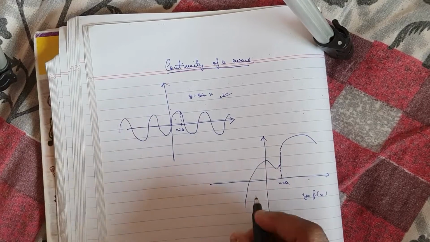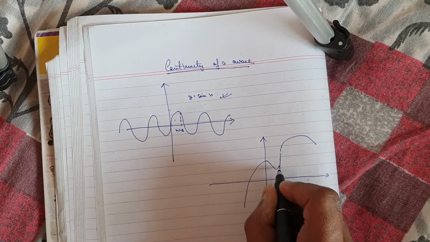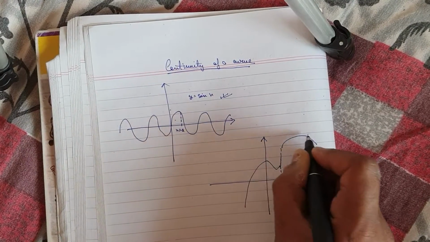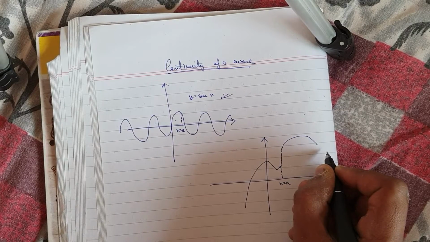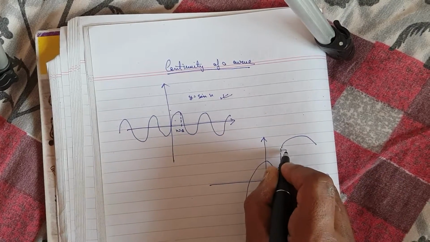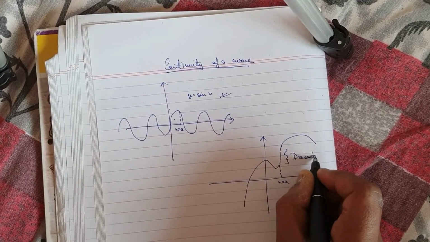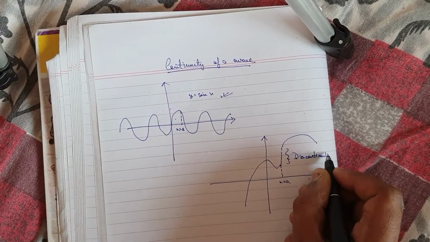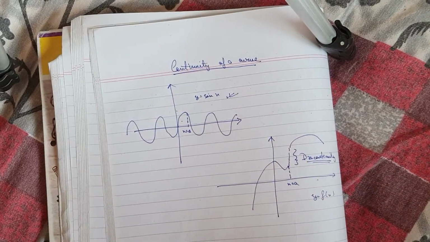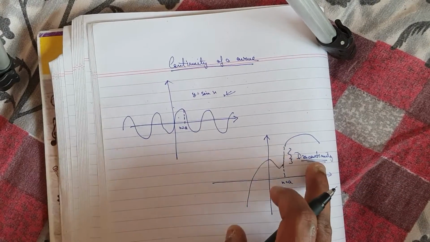You cannot. You have started from here, you reach x equal to a, then you have to lift your pen and bring it here, and then again start drawing the curve. That means here is some discontinuity. Getting my point?